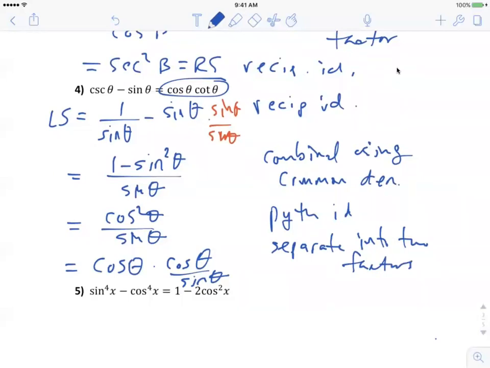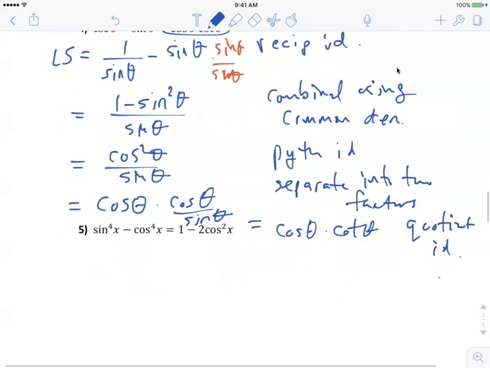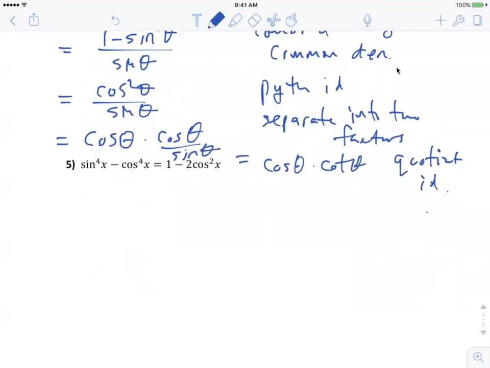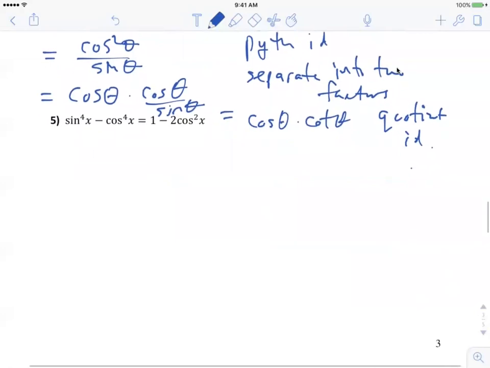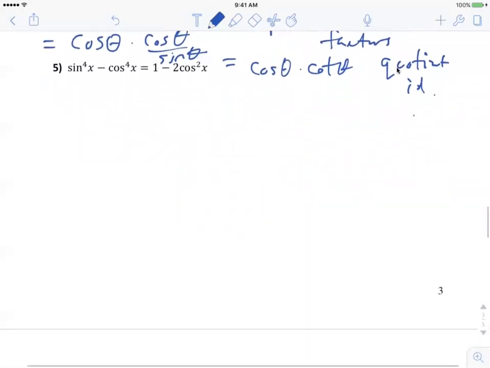Right, and then now I can see that second one is the cotangent. So this is equal to cosine times cotangent, and that was a quotient identity. Okay, and we did it. We proved it. Verify, prove, that same thing.